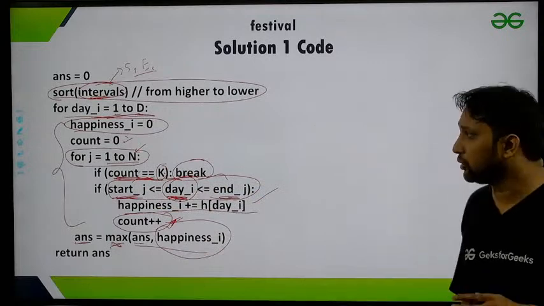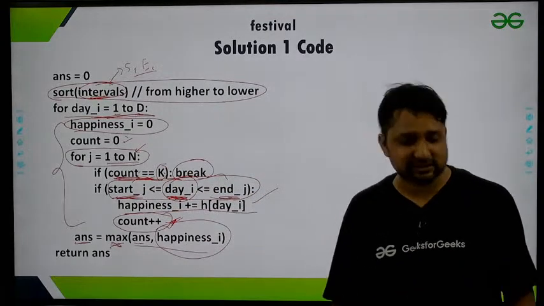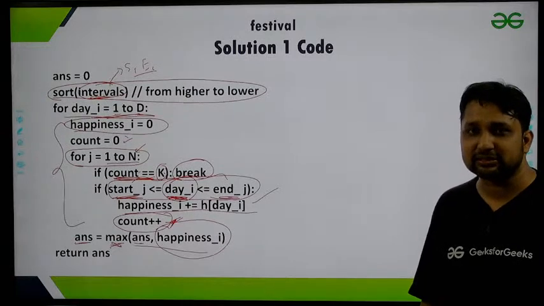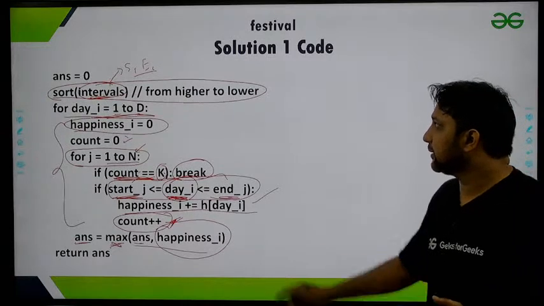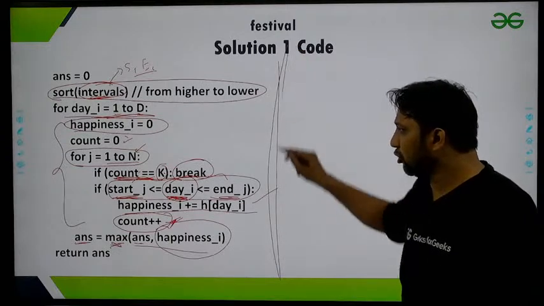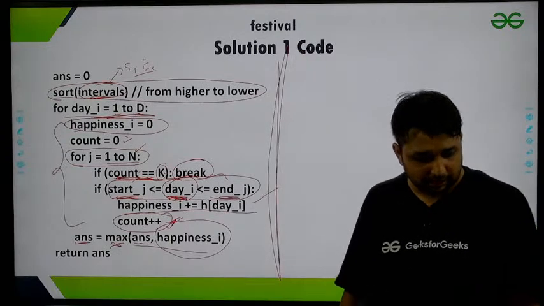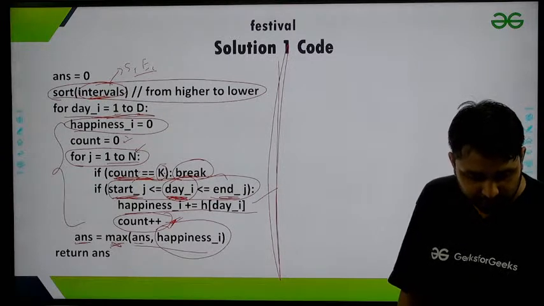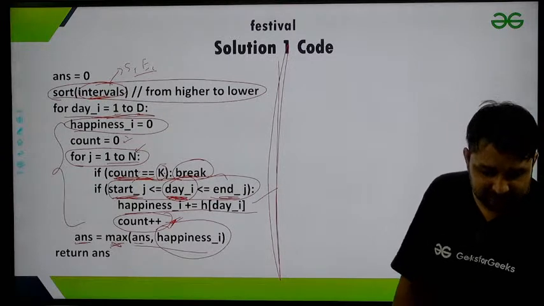If you are able to understand this code, please write +1 in the live chat. Everybody, please let me know if this code is clear to you or not. We need to connect with each other.